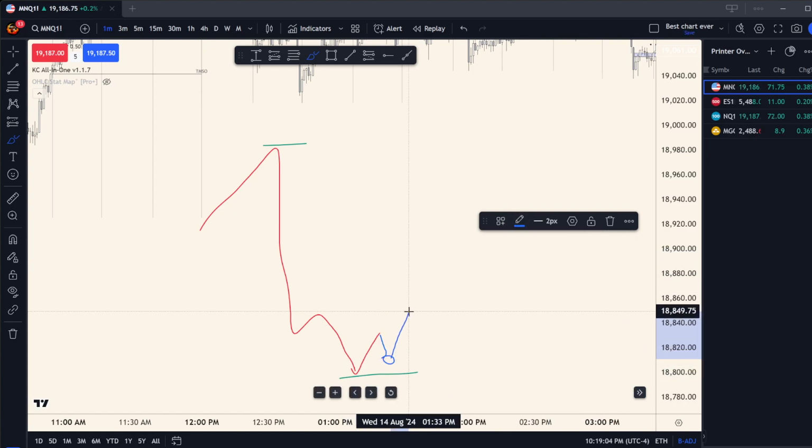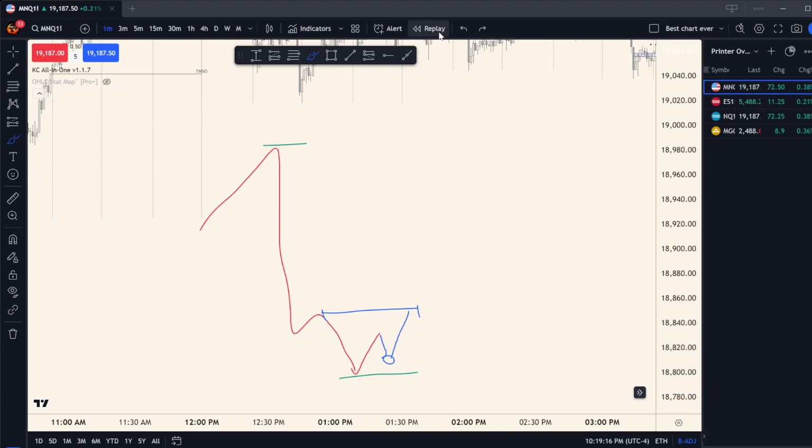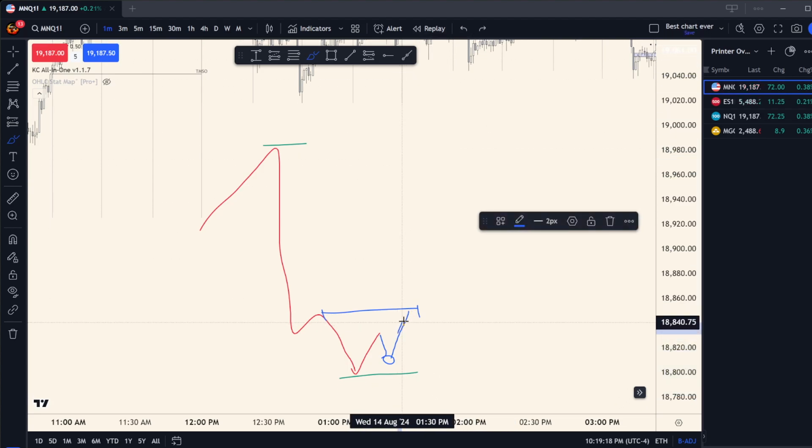Our target should be the nearest internal liquidity, or at least our major scaling out point should be the internal liquidity right there, because you never know if after it hits that, bam, continuation right after, or it's reaching, breaks down, or just simply chops, doesn't go anywhere.